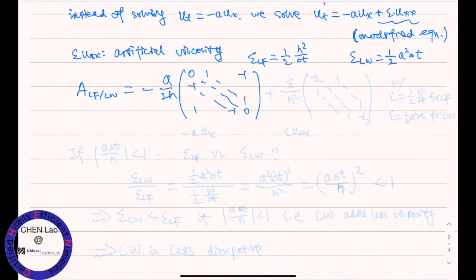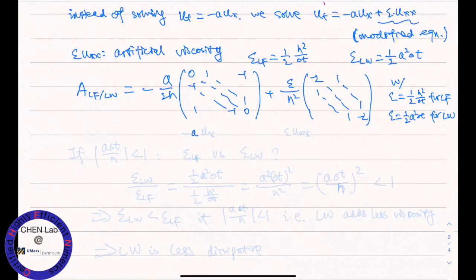We're adding epsilon over h squared of this matrix with negative 2 and 1 entries, depending on the particular epsilon: 1/2 h squared over delta t for Lax-Friedrichs, and 1/2 a squared delta t for Lax-Wendroff.